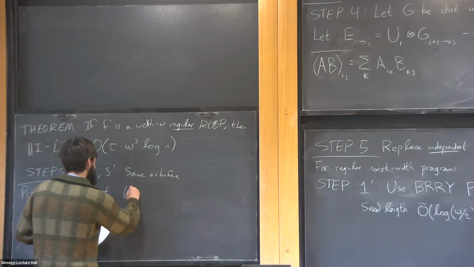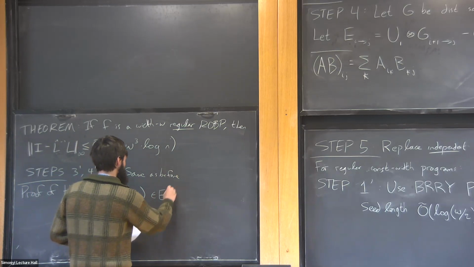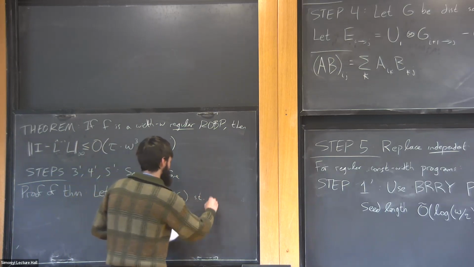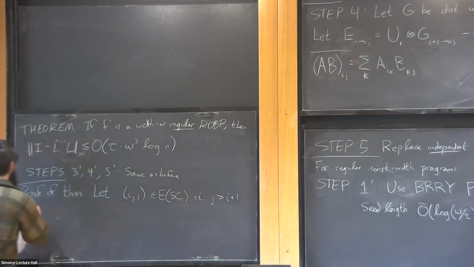Let (i, j) be a shortcut edge, an edge in this shortcut graph, where j is bigger than i plus 1. Let m be the midpoint, so m is (i + j) over 2.